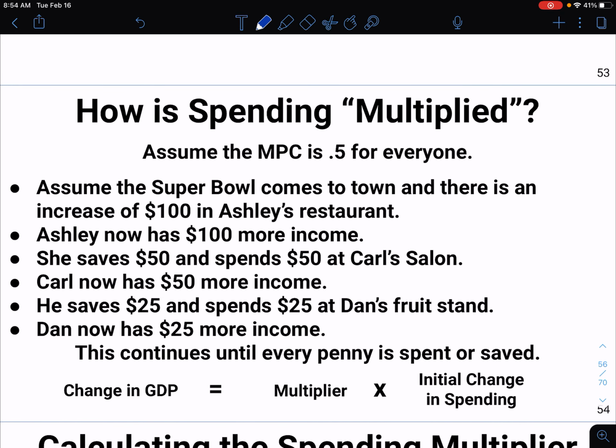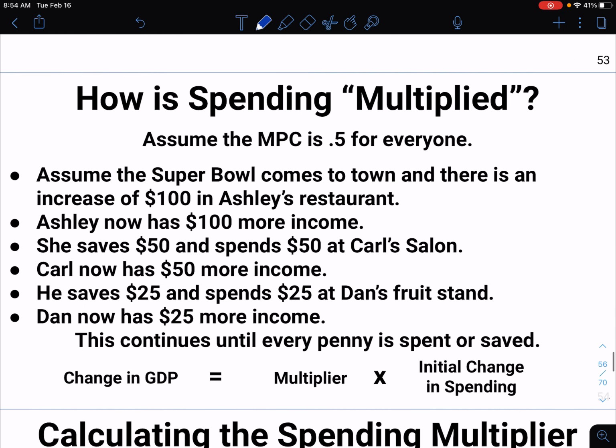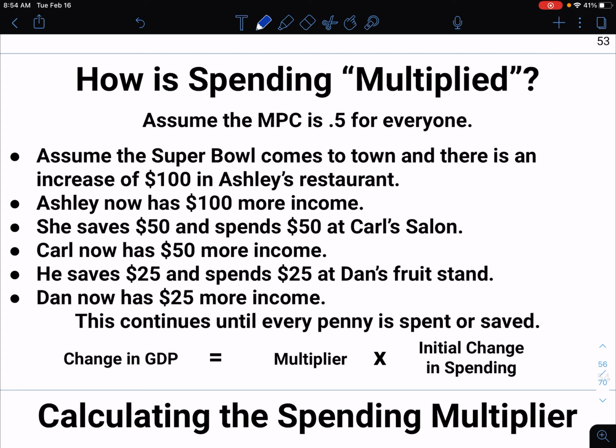So now let's talk a little bit more about how exactly this is multiplied. So, let's assume that we have an MPC of 0.5. So people spend 50 cents of every dollar that they get.